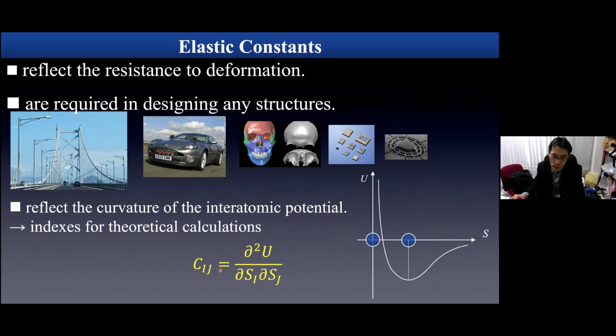So if we know the elastic constants accurately, they can be compared with those calculated theoretically using a theoretical model. To evaluate the accuracy of the theory, we need to know the elastic constants. So we have to compare the elastic constants. Not only the lattice parameter, the elastic constants are also very important to validate the theoretical calculation.